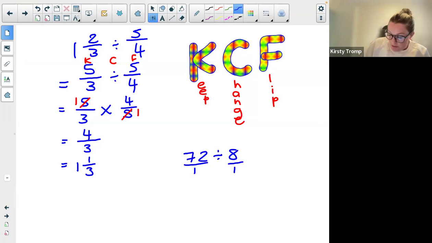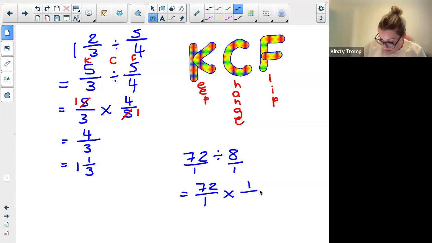So let's go. I'm going to keep 72 over 1. I'm going to change my divide into a multiply. And I'm going to flip. So this is going to become 1 over 8.